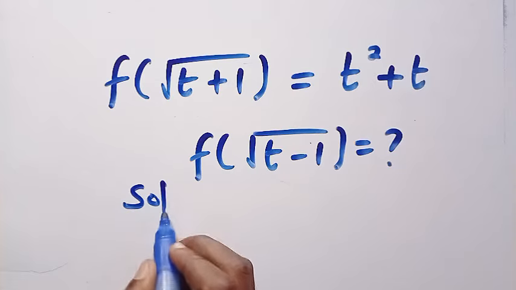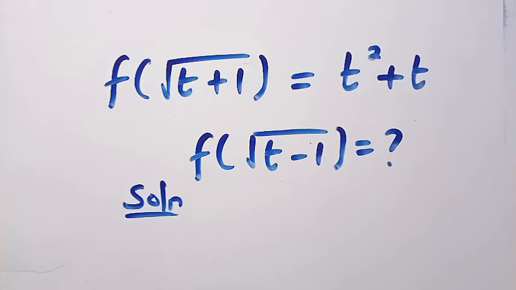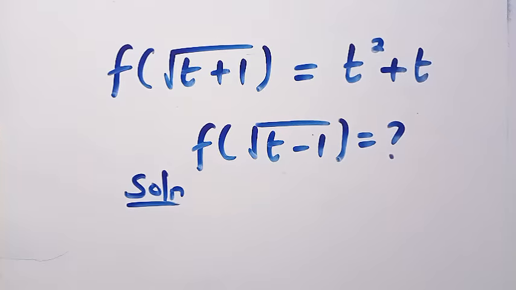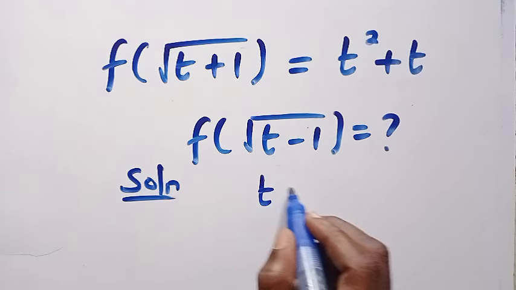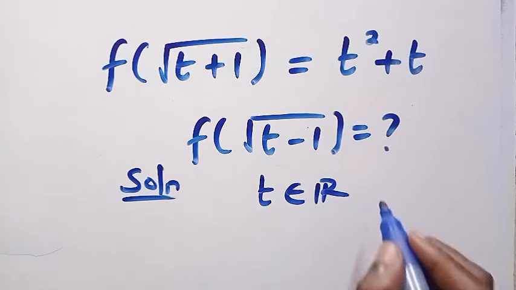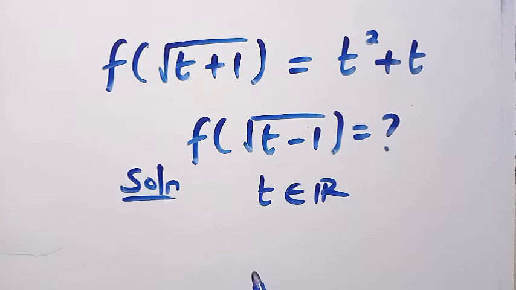If I consider the solution first, from the given question we have a domain which is root t plus 1. Let's understand the domain values for root t plus 1, because every t here is a member of the real numbers. There is a restriction for complex numbers, that is why we have to define this domain very well.